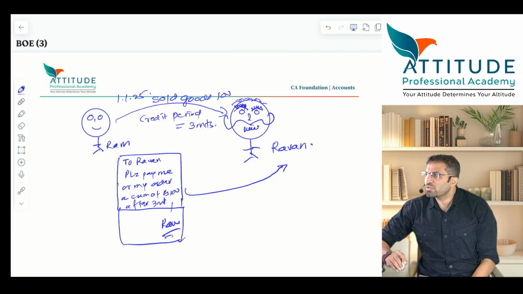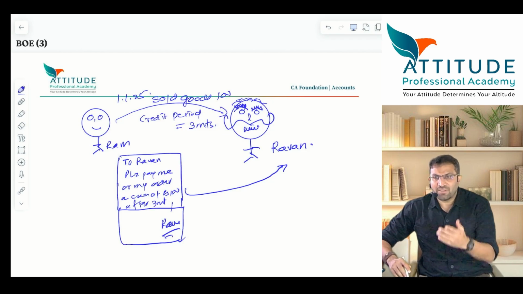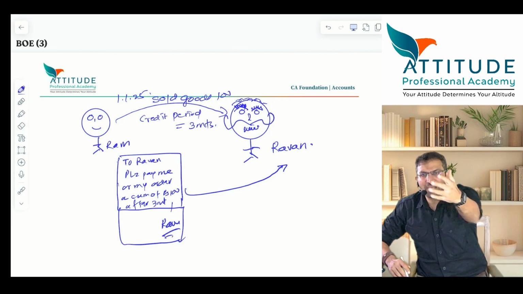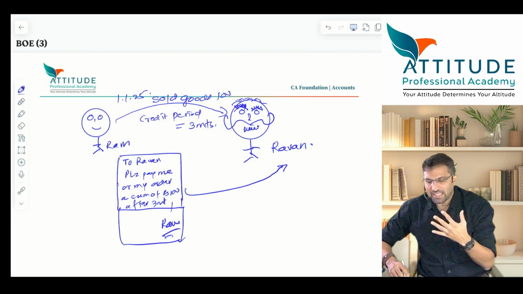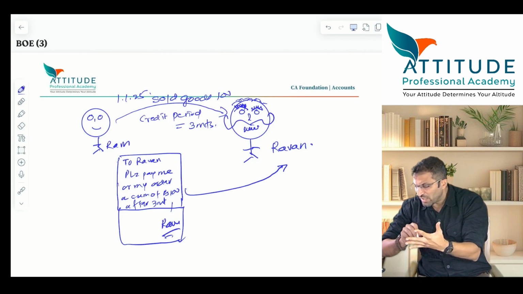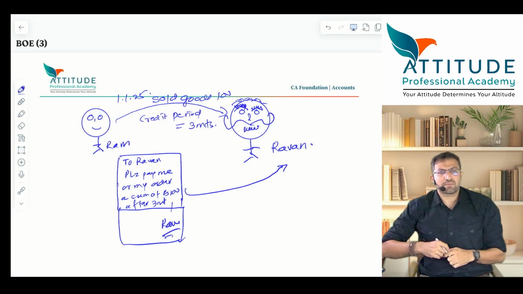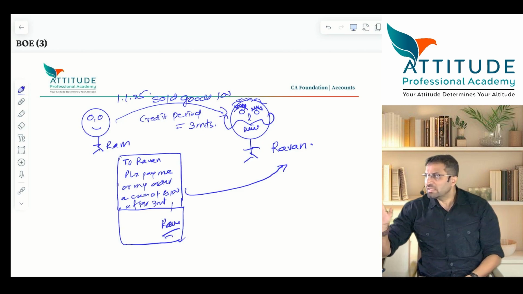Up till here you understood the story? Now what should Ravan do? Ravan sees the bill. Let us say you are Ram and I am Ravan. I see the bill and you have written clearly to Ravan, please pay me or my order a sum of rupees 100 after how many months? 3 months. Have you written anything wrong or you have written correct only?